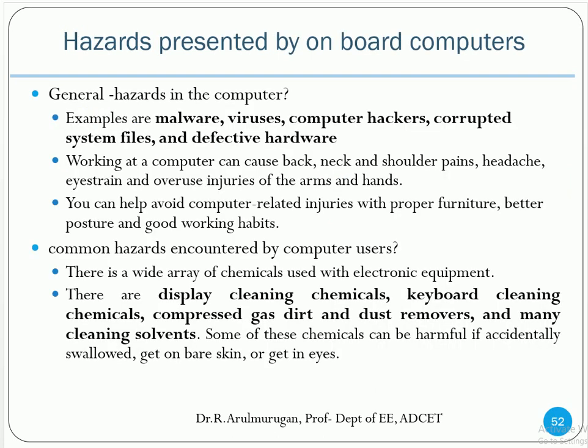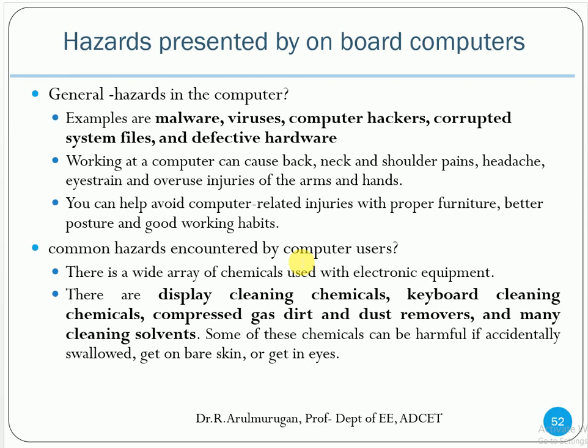Now the hazards present on the onboard computer. What are the general hazards on computers? When we sit at it, we face a lot of heat. That is one of the problems. We also get eye problems, and the computer can get a virus. These are some reasons.